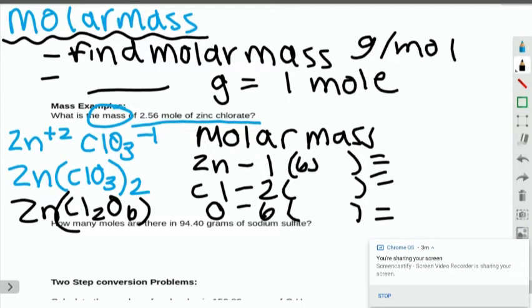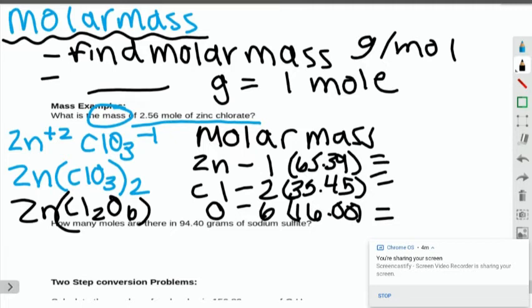So zinc is 65.39. Chlorine is 35.45. And then oxygen is 16. So then your first step is to figure out the total molar mass.